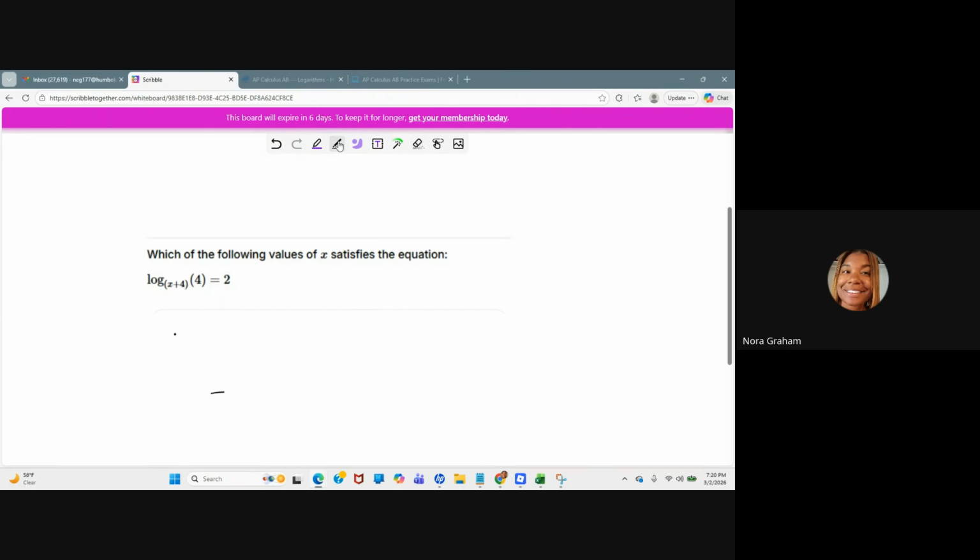All right, so this one, which of the following values of x satisfies the equation? Again, I'm going to use that same rule. I start with my base and then start my circle. That is going to be my new coefficient.